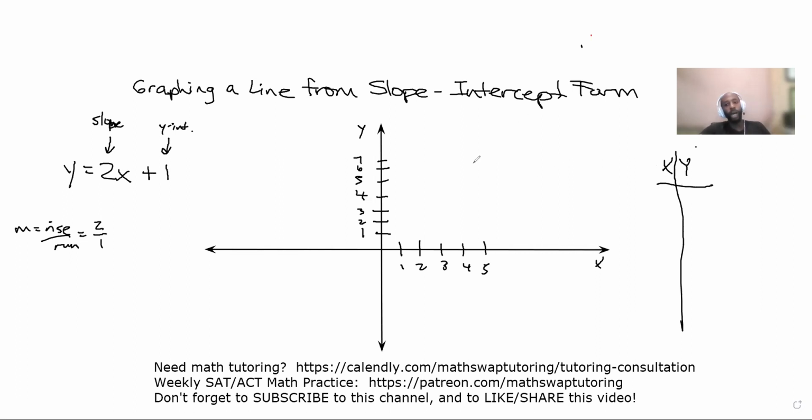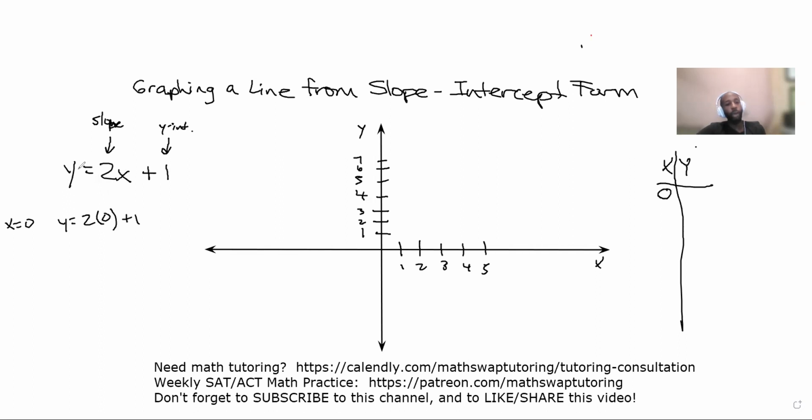So say, for example, I want to know, when x is 0, what is y going to be? That means if I were to plug a 0 in here, for x equals 0, y is going to be equal to 2 times 0, plus 1.